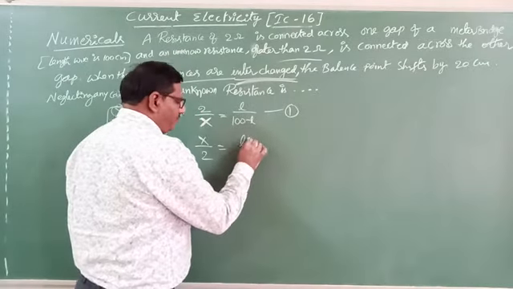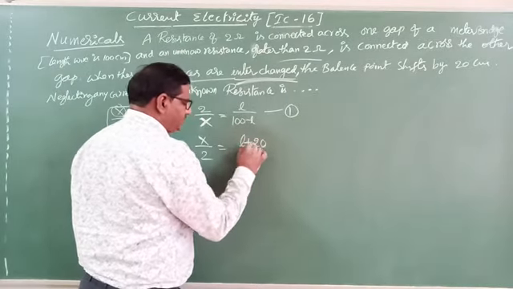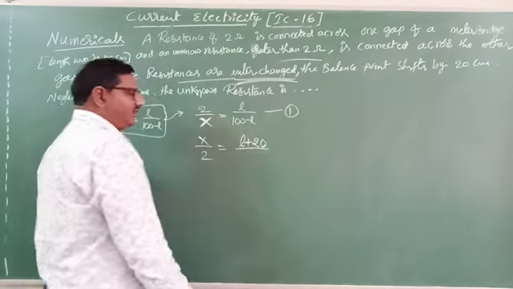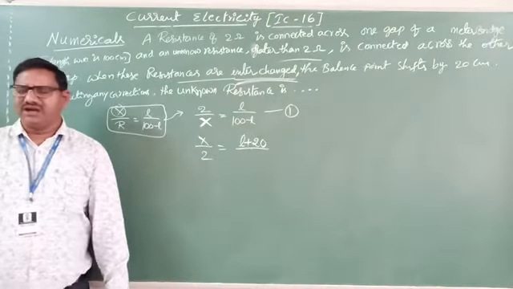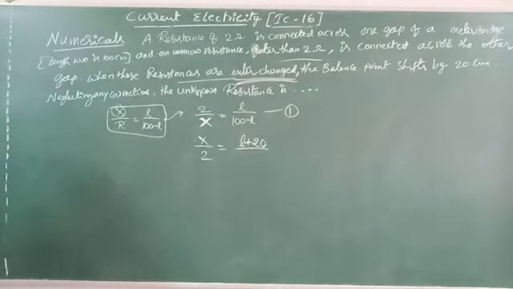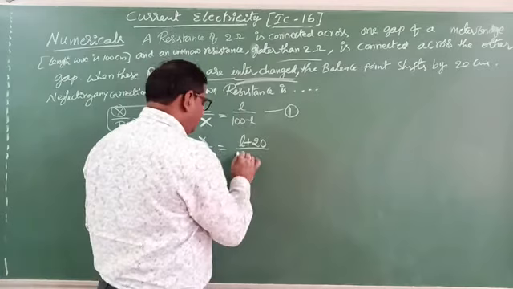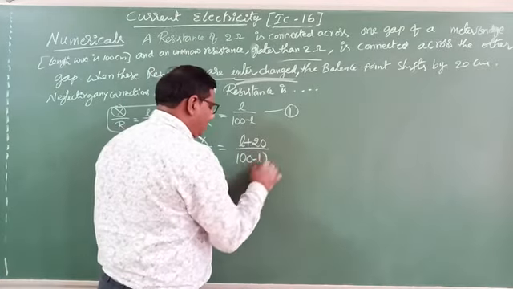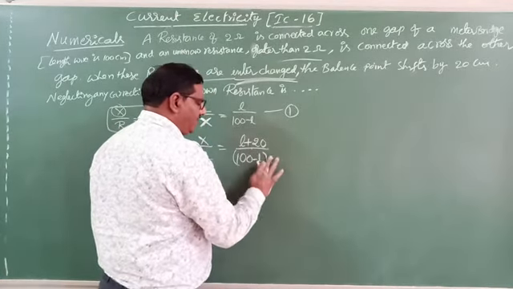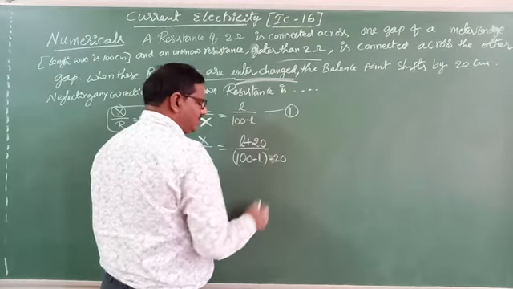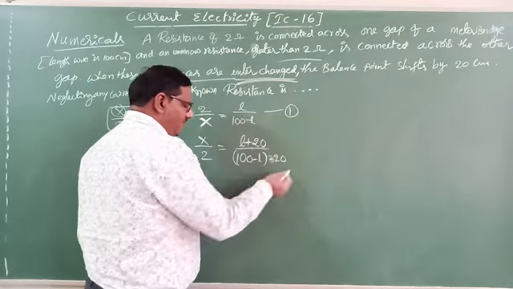So instead of L, I write L plus 20, and the remaining is 100 minus L minus 20.